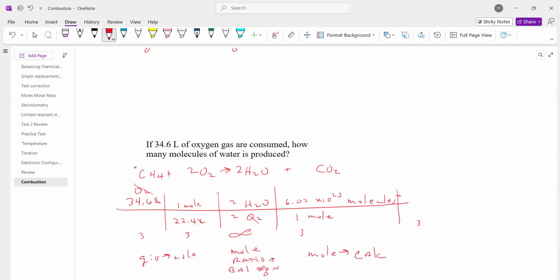Now this problem is worth 10 points. You're looking at 9 points right now. Stoichiometry problems are going to be worth more raw points than conversions. Conversions are typically 8 points. Stoichiometry problems are typically 15 points.